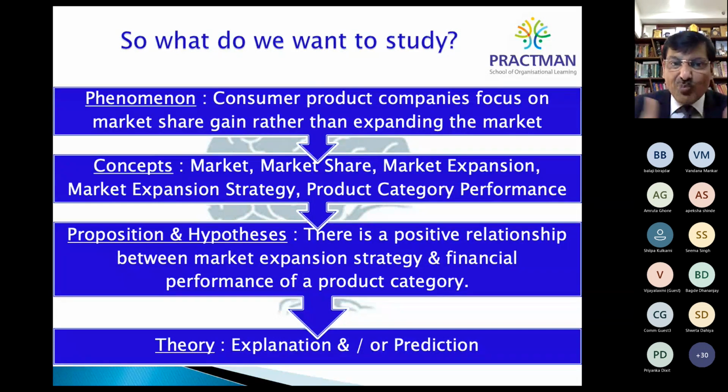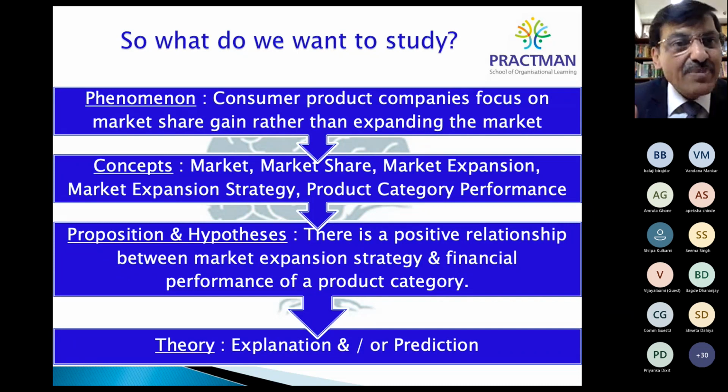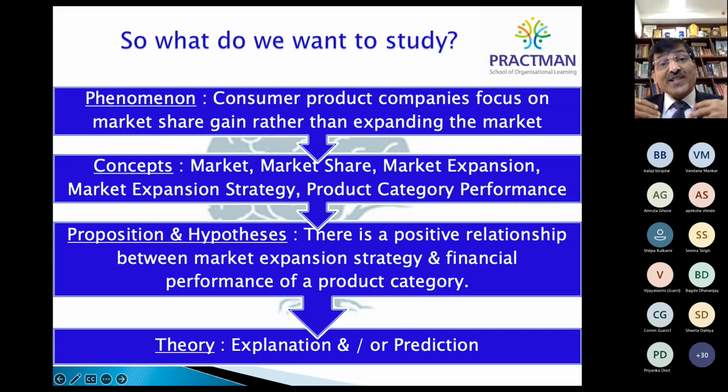Now, you put a few concepts together and create a proposition, and when you test it, that becomes a hypothesis. One of the propositions which I later tested as a hypothesis, there were several, was: there is a positive relationship between market expansion strategy and financial performance of a product category. I started with an assumption based on some research, not just on what I thought, that there is likely to be a positive relationship.